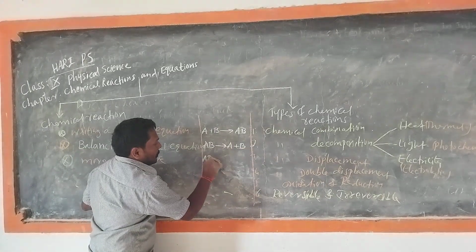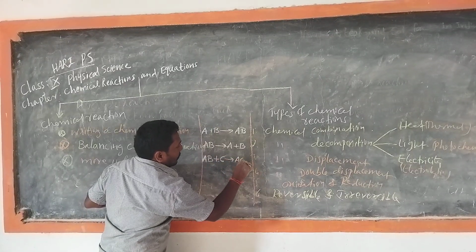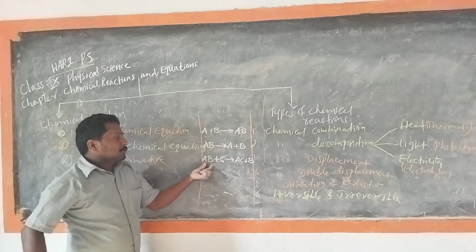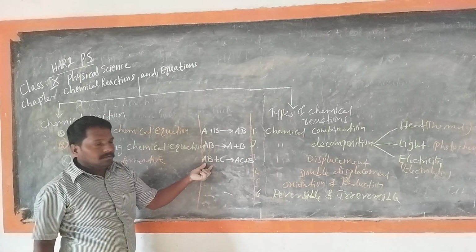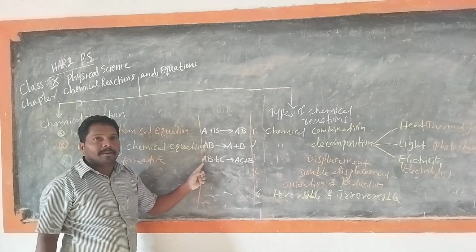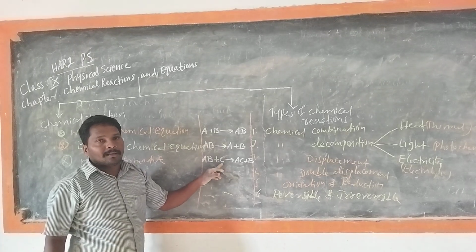Then AB plus C gives rise to AC plus B. So in a chemical compound, one element or group of elements is displaced by another. AB is a compound and C is the other one.